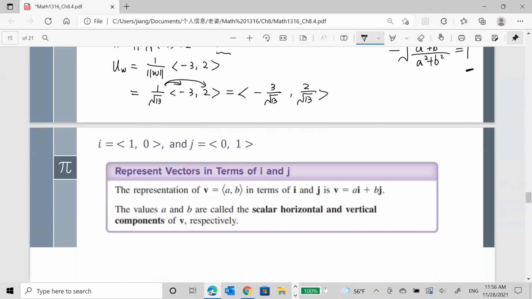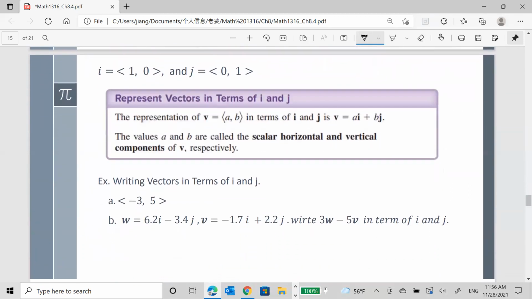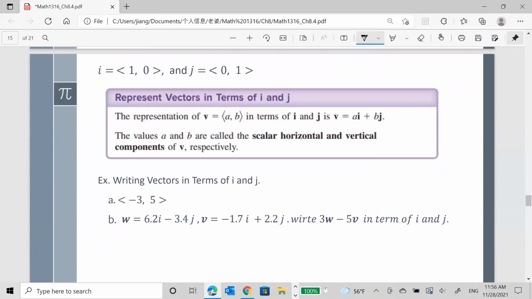Okay, next one. i equals 1, 0, and j equals 0, 1. These two are special unit vectors because their magnitude is 1. And why are they special? If we draw the plane, in the standard position, where is i, where is j? i is 1, 0, from initial 0, 0 to here.